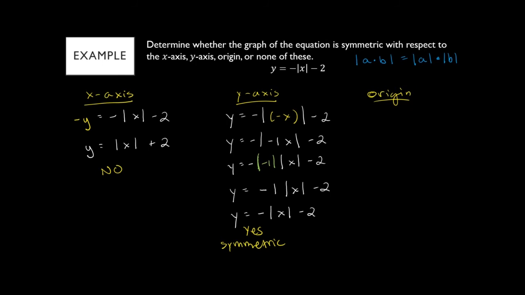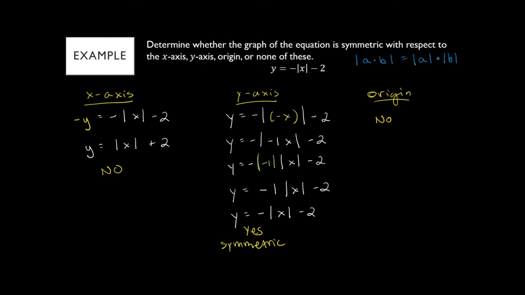But the -y will not, because we're just going to have a -y, and we're going to end up with a negative sign. So just by using logic here, I can say that we're not going to have symmetry across the origin.